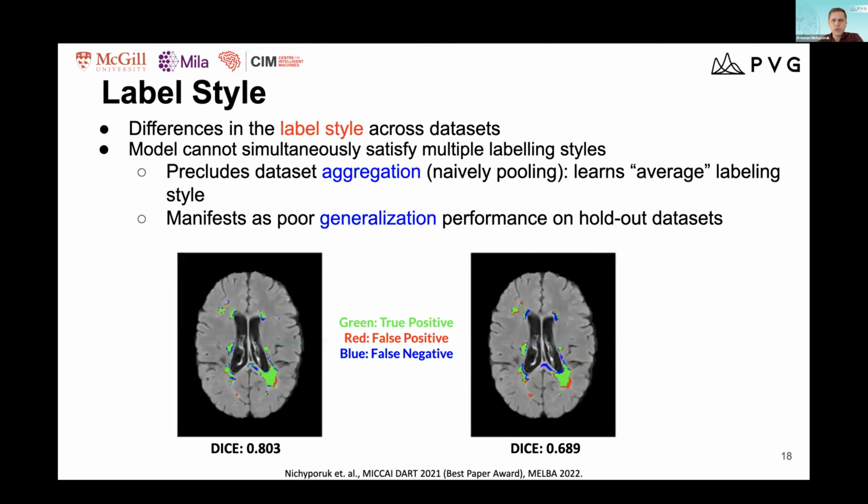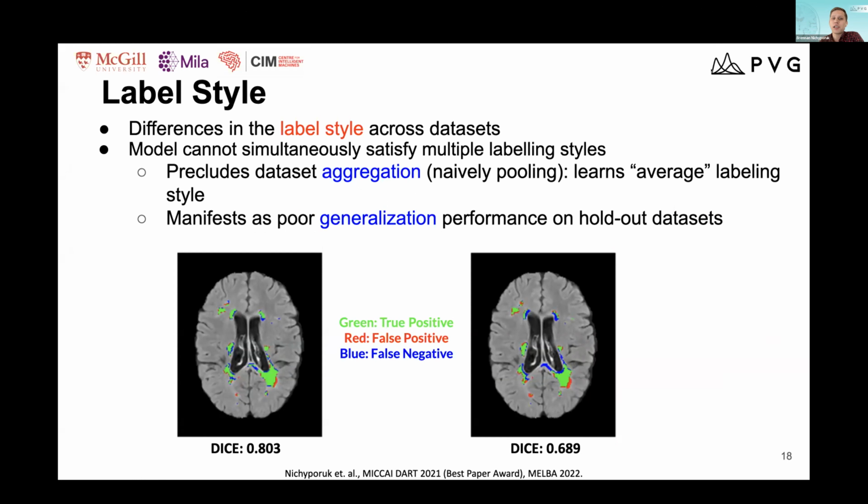So, differences in label style across data sets. Why does this cause an issue? Well, a naive model, or at least a standard UNet trained on multiple data sets, can't simultaneously satisfy multiple labeling styles at the same time. What happens as a result, this precludes things like data set aggregation, as the model ends up just learning a sort of average.